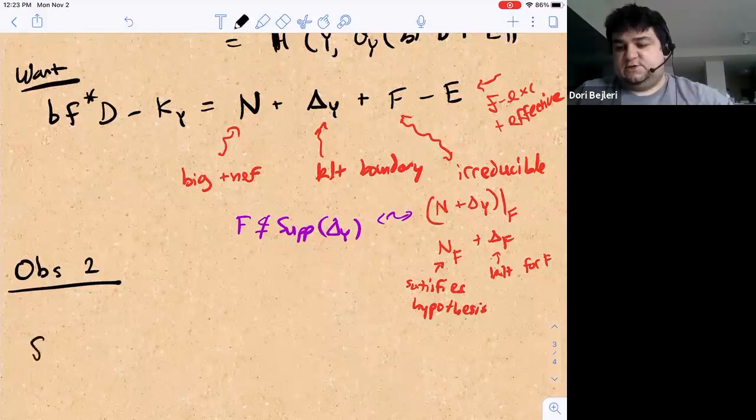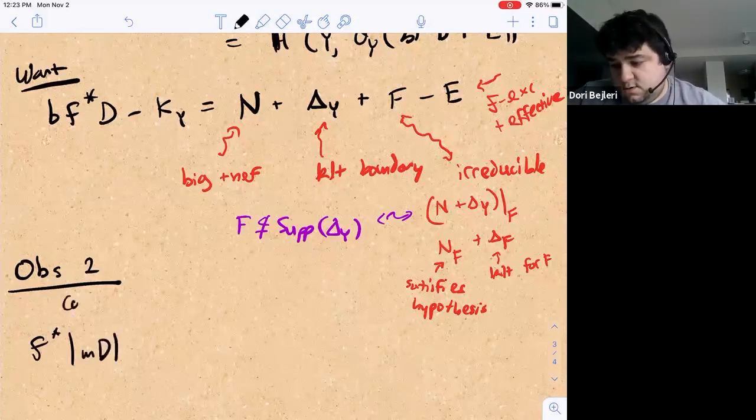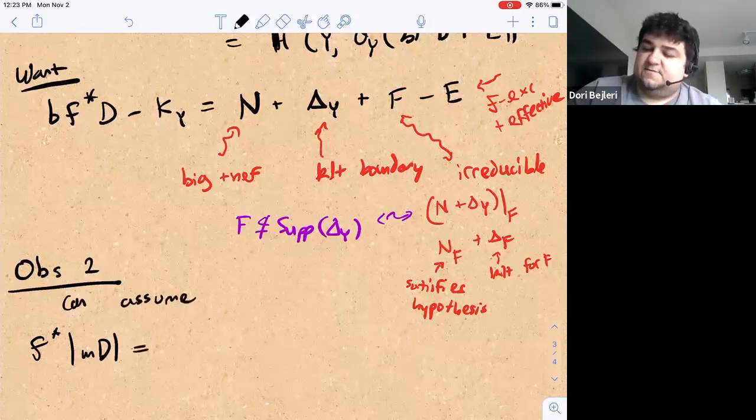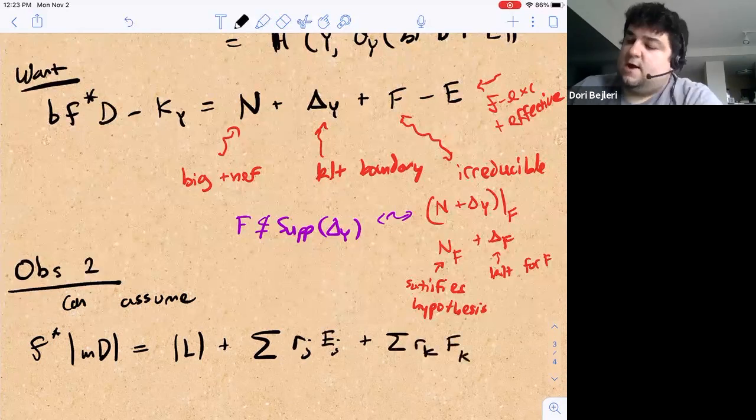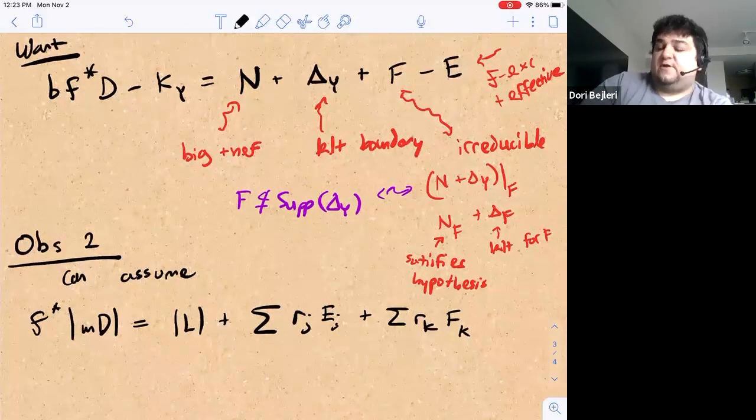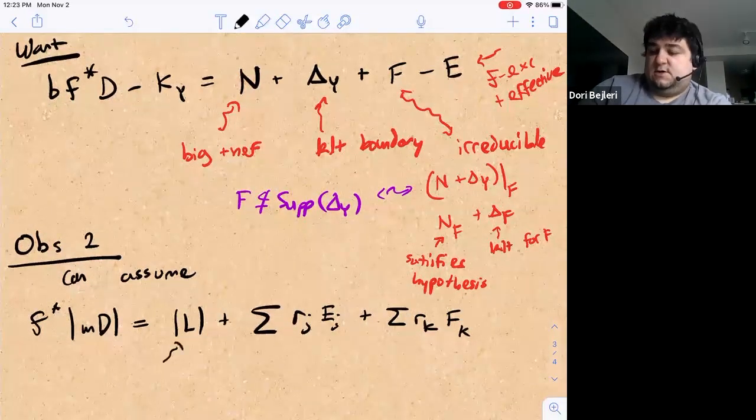In particular, let's assume that f^*(MD) is of the form L plus some sum of r_j E_j plus some sum of r_k F_k, where this L is some base point free linear series. So this is the moving part, and we can resolve until it's base point free.